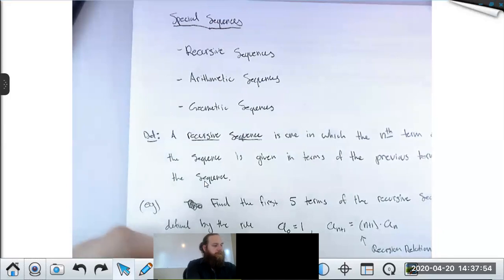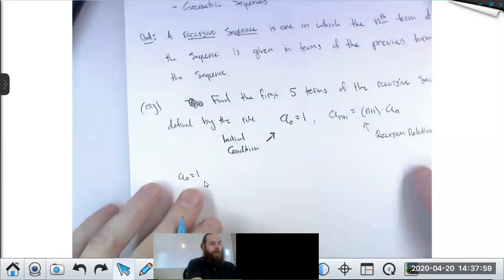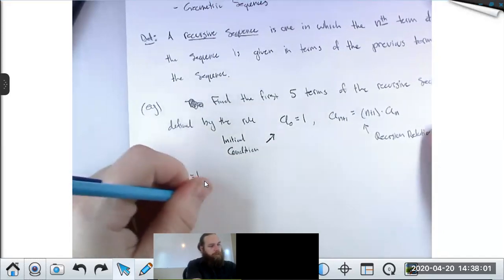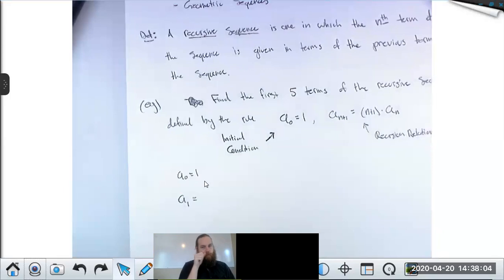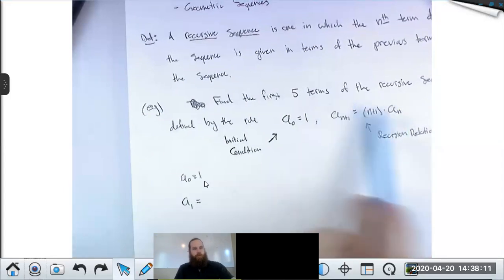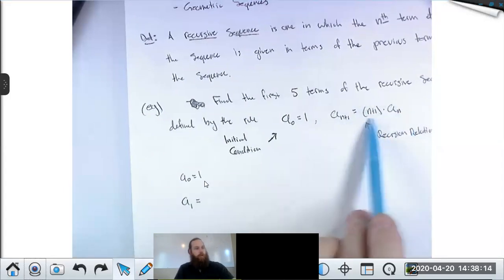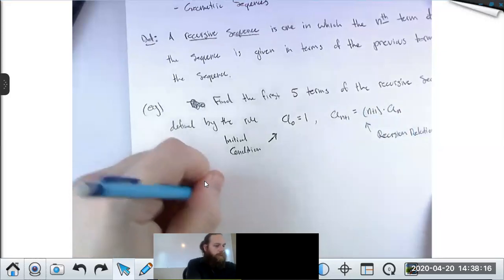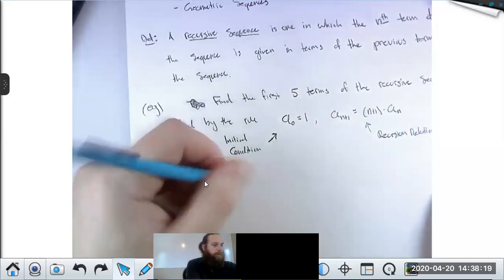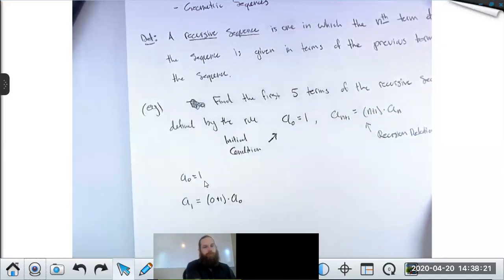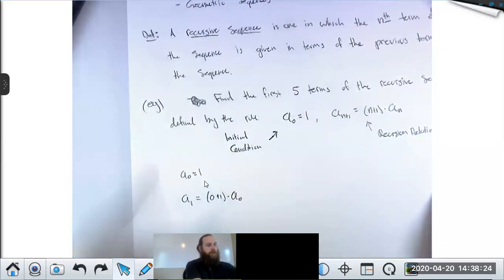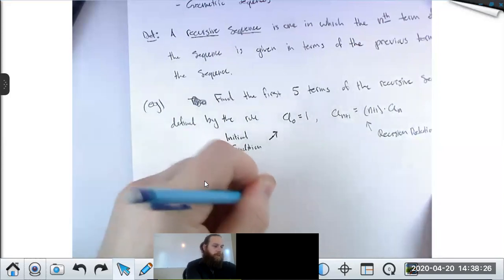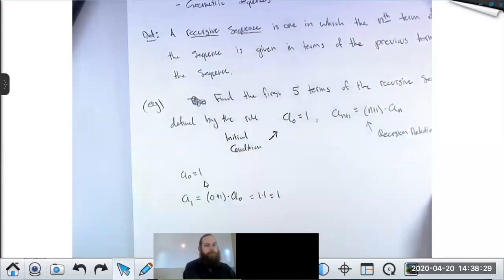So I know what a0 is. a0 is 1. How would I find a1? Well, all I really have to go on is this. And if you plug in n equals 0 here, you find that a1 is 0 plus 1 times a0. Well, a0 was 1, and 0 plus 1 is 1, so this is 1 times 1, which is 1.